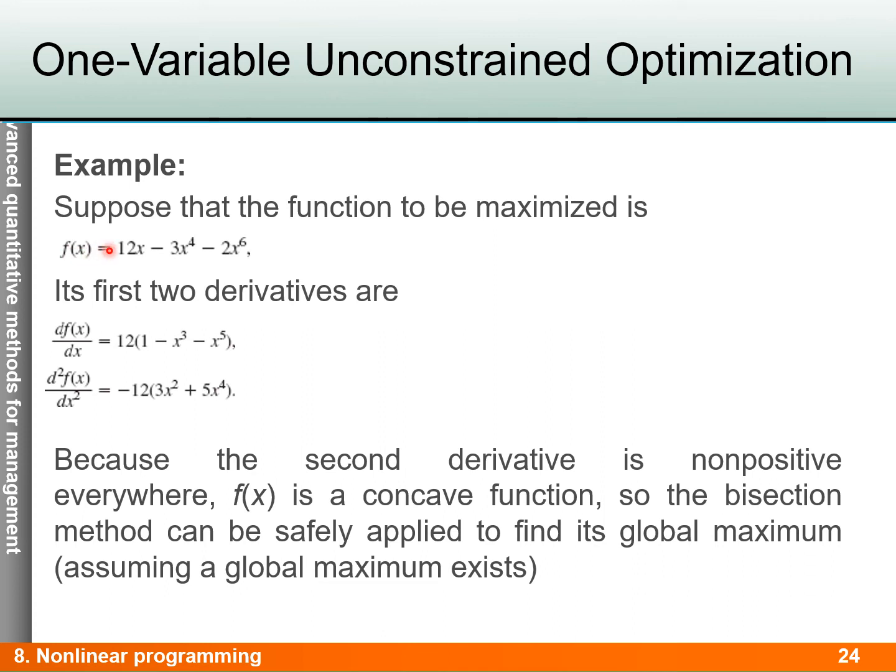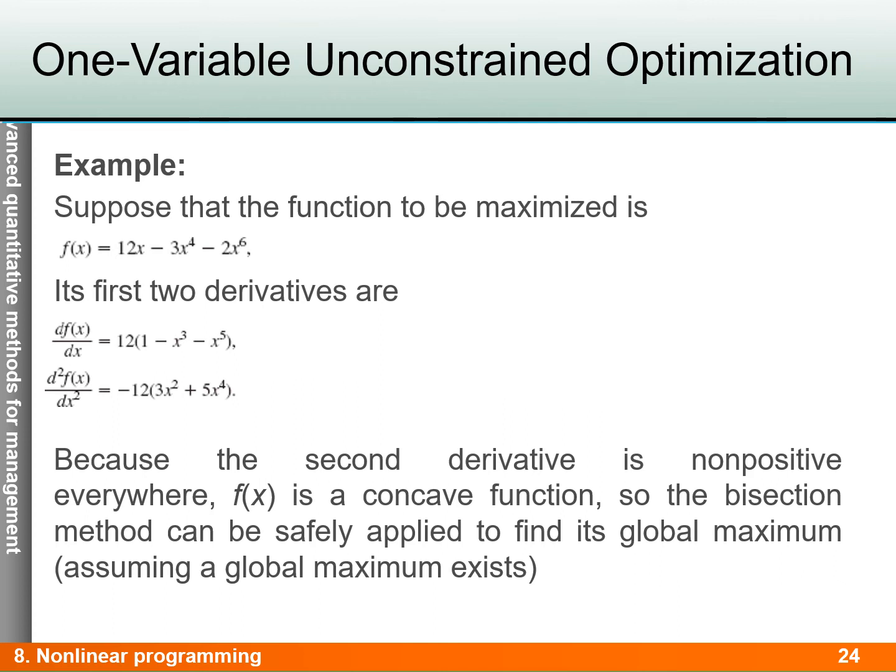Suppose that we have this objective function 12x minus 3x^4 minus 2x^6, and it asks us to solve it by the bisection method.